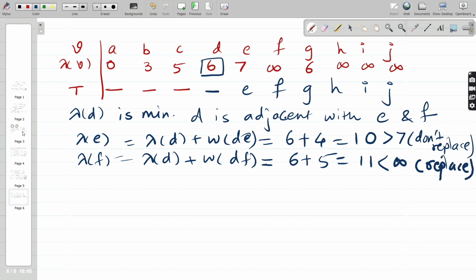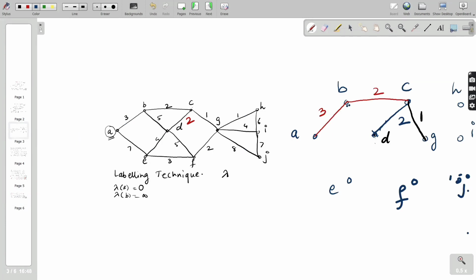Okay. So in the graph, what happens now? If I choose this particular edge, D to E, for traveling from A to E, it will create a distance of 10 units, 3 plus 2 plus 2, 6 plus 4 units, but we are not recommending that. We are sticking to the previous answer, that is 7, which is nothing but this route.